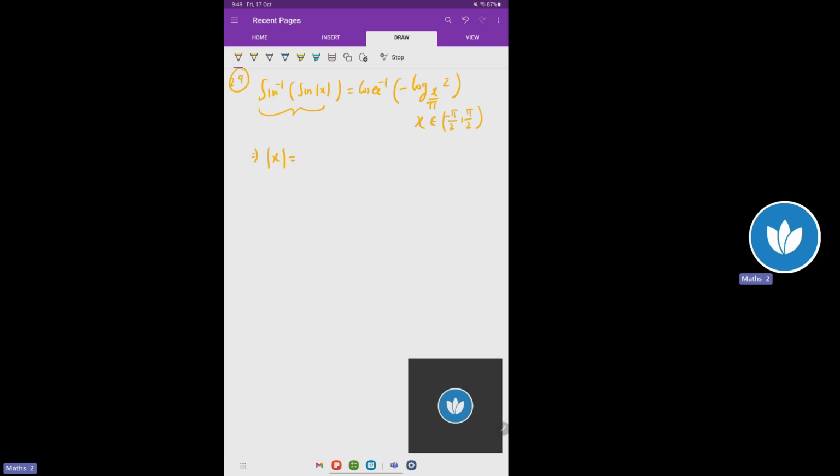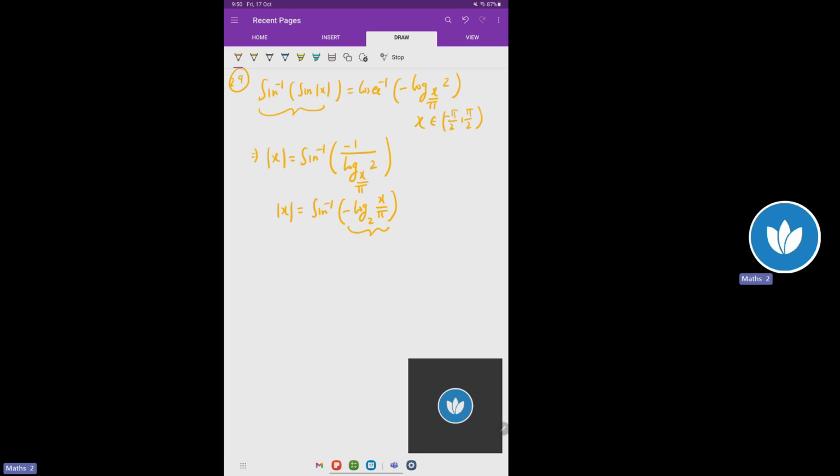So cosec inverse of something we can write as sine inverse of its reciprocal, minus 1 by log of x by pi with base 2. We can rewrite this as minus log of x by pi to the base 2 actually. So this is mod x.